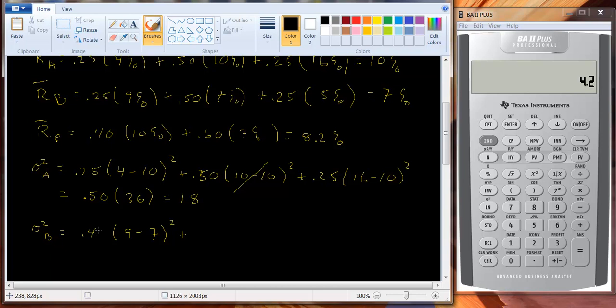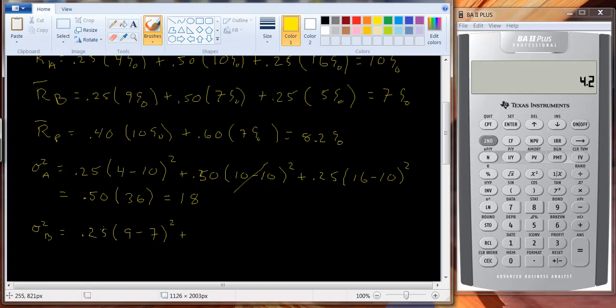You've got a lot of probabilities here, and it's easy to get caught up. The 40% has to do with the weighting for the amount that's in stock A, but that's not what we want. So we want 25% here.